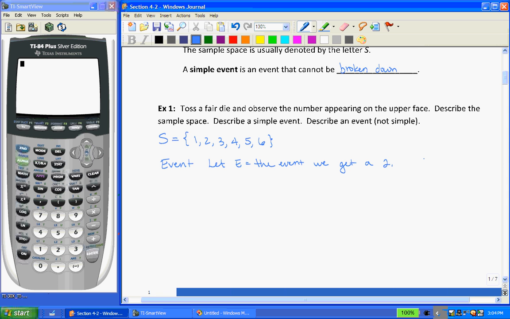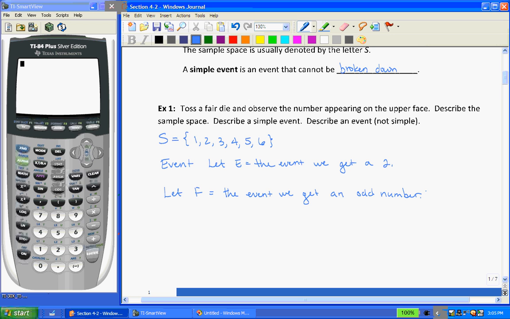Now, an event that's not simple might be something like this. Let F be the event we get an odd number. Well, what does that event include?